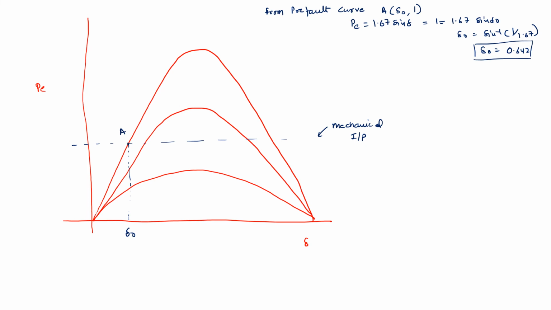Now, when the fault occurs, the operating point comes up to this point B, and let me say it has a swing till point C. This point C corresponds to the critical clearing angle, which is known as delta CR.